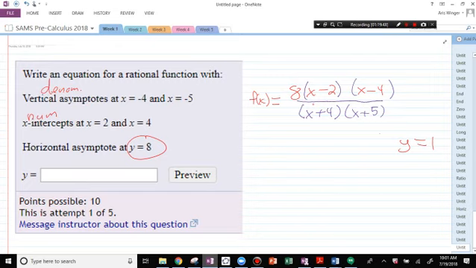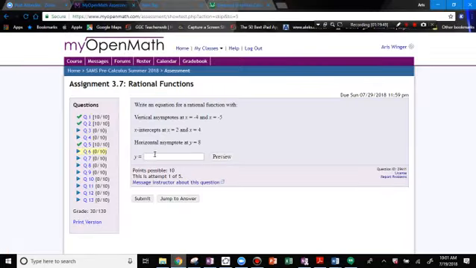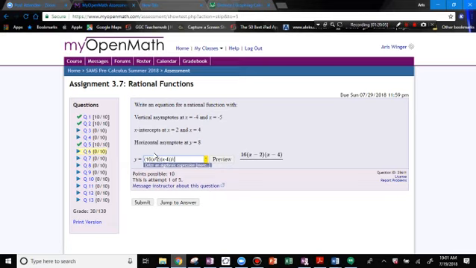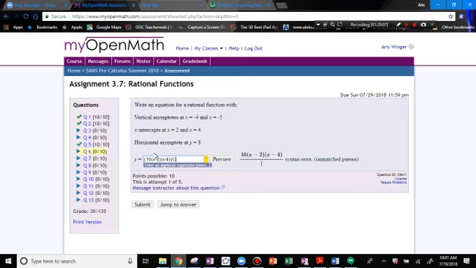Oh, you want to try? Ah, see, I know that you're a computer programmer now. Yeah, you just want to see. All right, so you're going to make me put this thing in parentheses: 16, parentheses x minus 2, x minus 4, divided by x plus 4, x plus 5, and you put a 2 there, right?